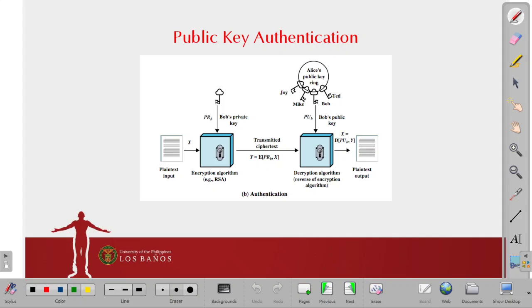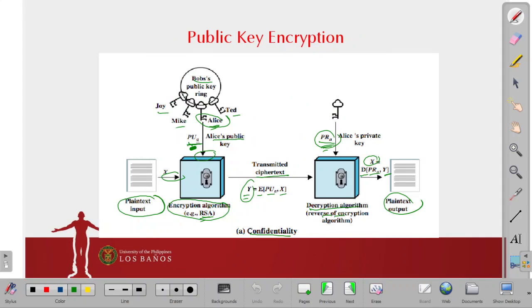You can also use public key encryption for authentication. The first one is for confidentiality. You would like to protect the data so that nobody else can see the data.